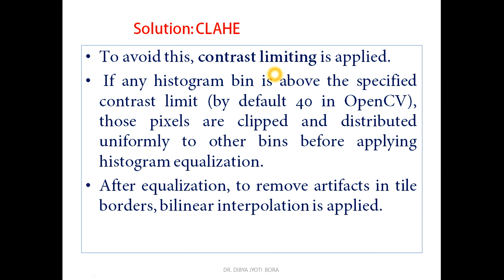Contrast limiting will be applied if any histogram bin is above the specified contrast limit, say by default 40 in OpenCV. Then those pixels will be clipped and distributed uniformly to other bins before applying histogram equalization. Clear? After equalization, to remove the artifacts, we will apply bilinear interpolation.